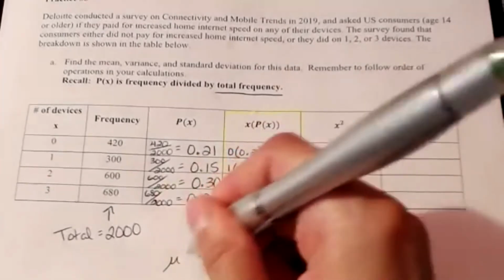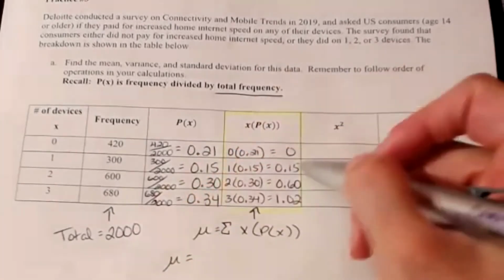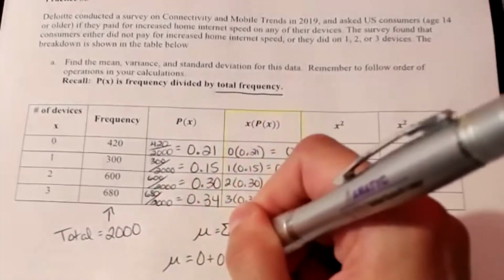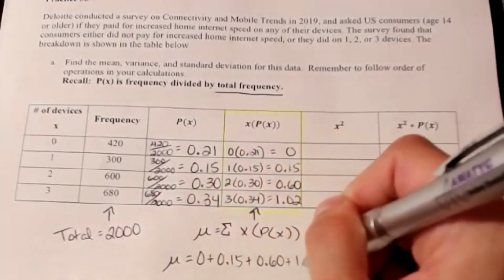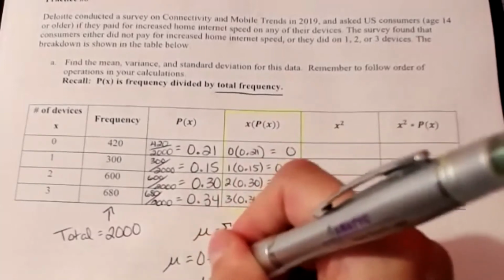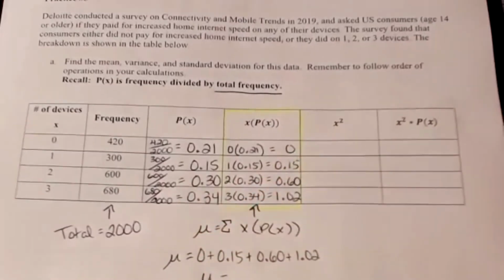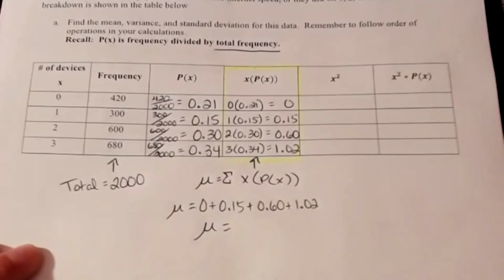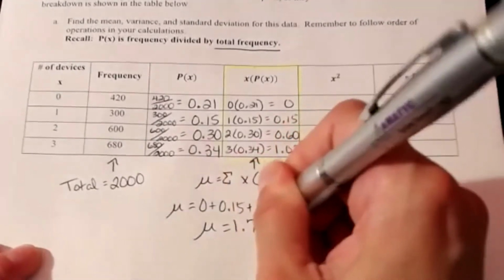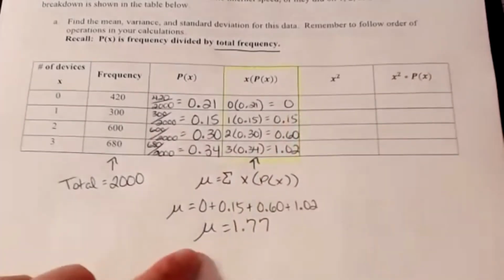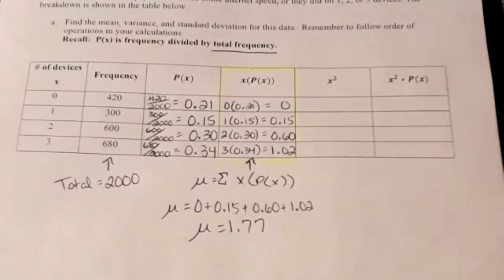So our mean is going to be equal to 0 plus 0.15 plus 0.60 plus 1.02. What is the mean for this probability distribution? 1.77. Perfect, 1.77. We're going to keep this value handy because we need it to help us calculate the variance.